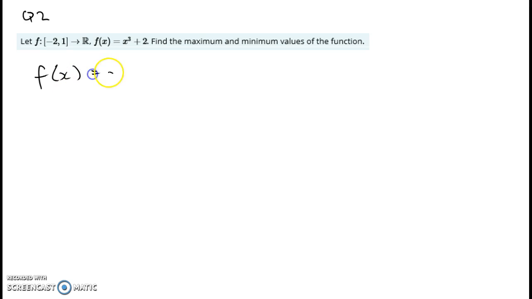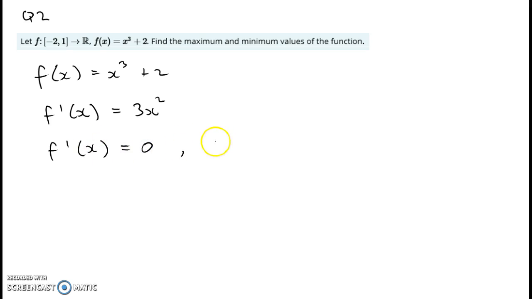We've got f of x equals x cubed plus 2. F dash x will give us 3x squared. If we solve that equal to 0, we'll get 3x squared equals 0. So in other words, x equals 0.